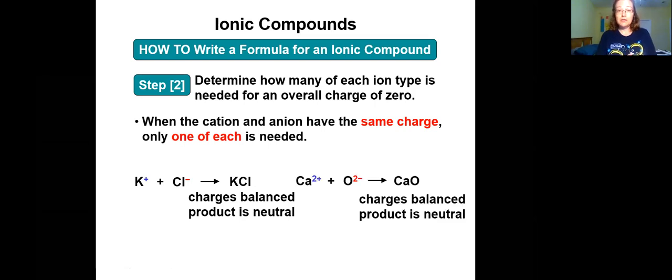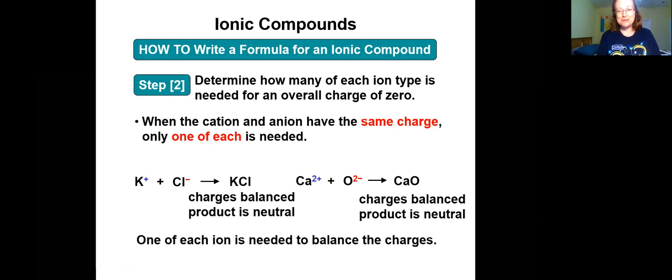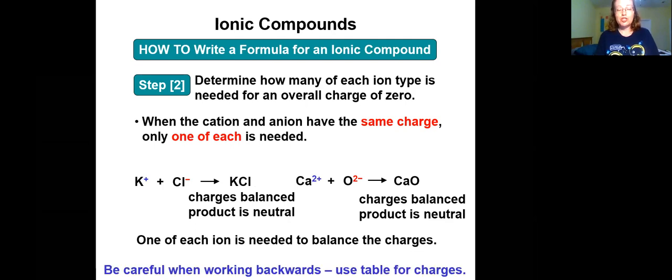With calcium, he's +2. Oxygen forms -2 ions. They balance out. +2 minus 2 adds up to 0. So we end up with our neutral ionic compound. When they have the same size charge, only one of each is needed. I want you to be careful when you're working backwards. I want you to use the table for charges.